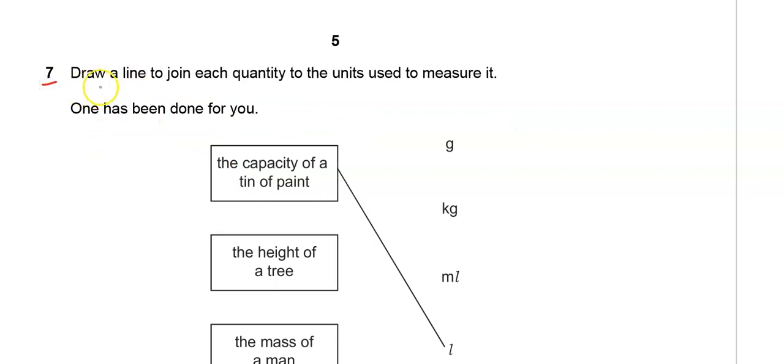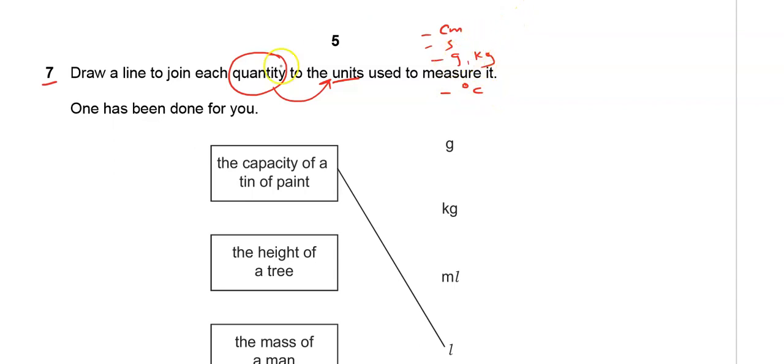Question number 7. Draw a line to join each quantity to the units used to measure it. Quantities have got units, like the unit of length is centimeters, the unit of time is seconds, the unit of mass is grams or kilograms, the unit of temperature is degrees Celsius, and so on.